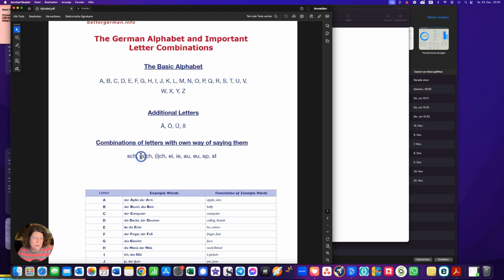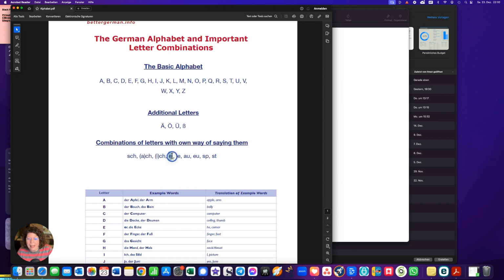An example would be ach. And then the other way of saying this CH combination is sh, like ich. Maybe you've heard that. Ich means I.